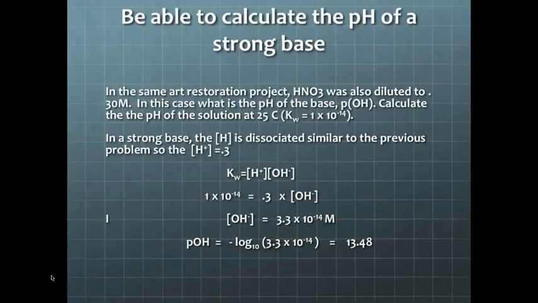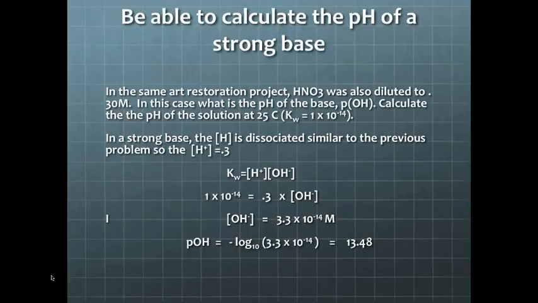Let's see how we can use our understanding of the pH of a strong acid in finding out the pH of a strong base. Let's use the same art restoration process. In this case, we have the nitric acid being diluted to 0.3 molar.